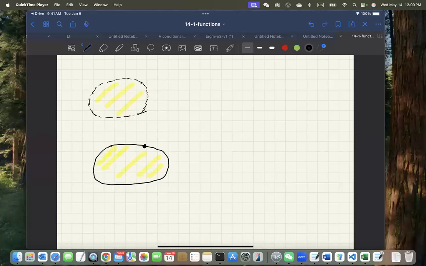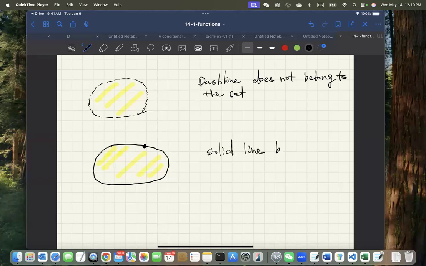A dashed line does not belong to the set, but a solid line belongs to the set. In this case, the first set is called an open set, and the second set is a closed set.